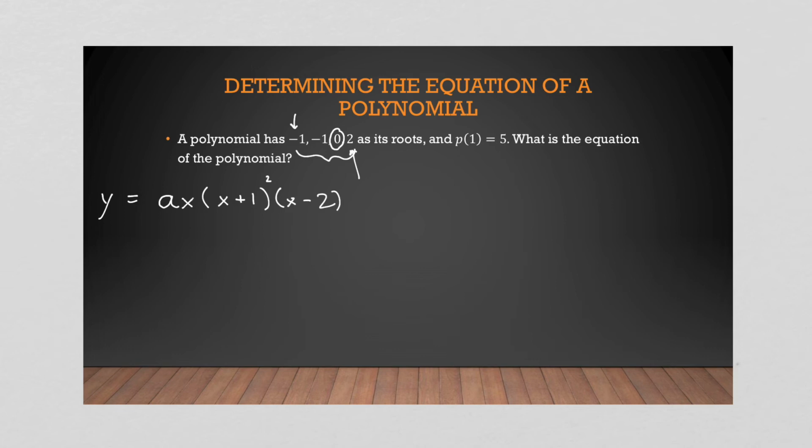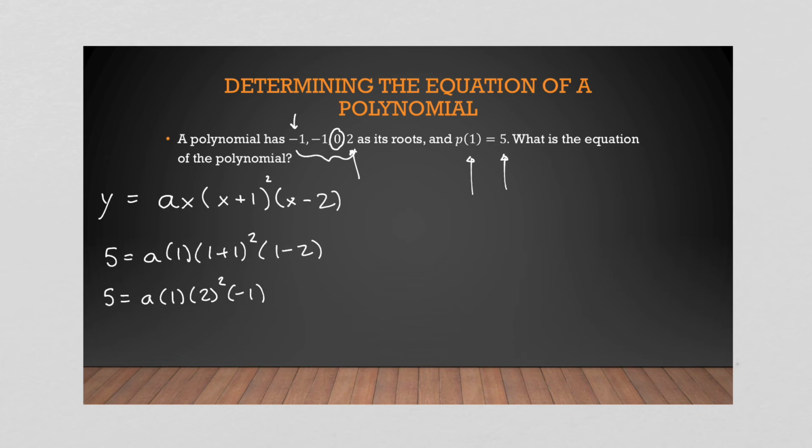We find this out the same way we solved for a point on a line in grade 9. We were given an x value with a corresponding y value. So we plug the y value in for y, and that y value is that y value when x is 1. So we sub 1 in for x, and then we do a little bit of arithmetic and then a little bit of algebra to solve for our a value.